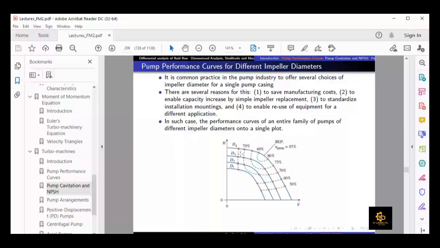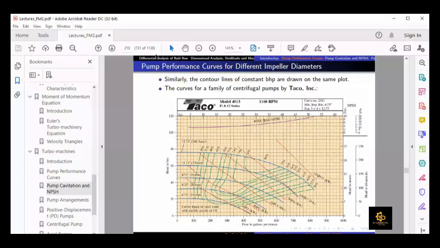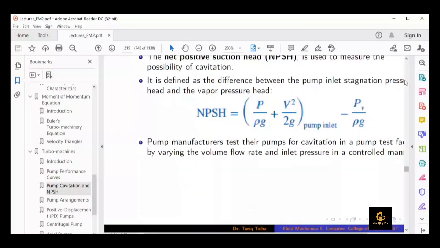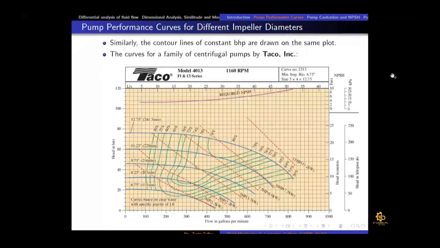So if I show you the performance characteristic for a pump manufacturer which is called TACO, TACO Incorporation, this graph. Let me make it a little bit clearer to you.